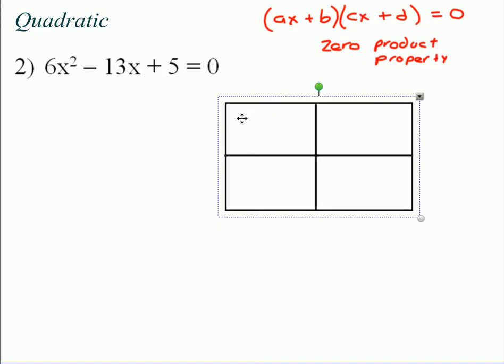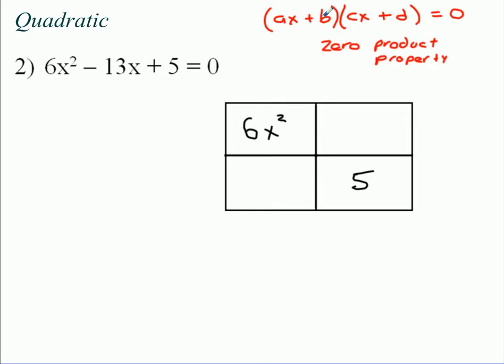So I'm going to set up my box here, and I want to figure out what these two binomials have to be so that when I multiply the two firsts together, I get 6x squared. When I multiply the two lasts together, I get 5.